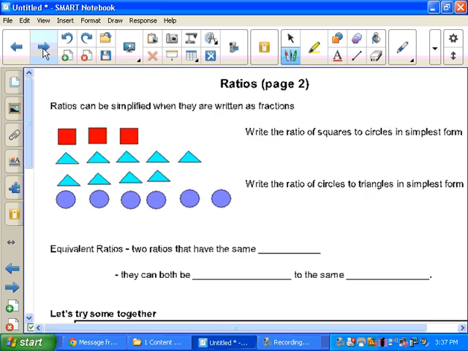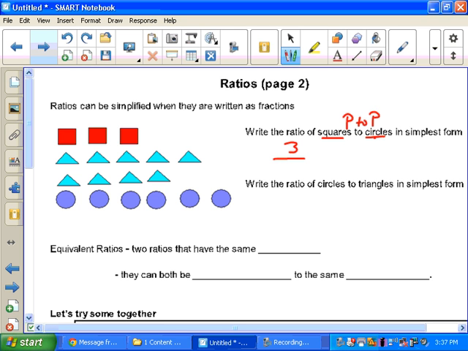Moving on to part 2, we've already talked a little bit about simplifying those fractions. So let's see how this works. Here we have the ratio of squares to circles. Again, that is a part-to-part relationship. It wants squares, which we have 1, 2, 3. So we have 3 squares.